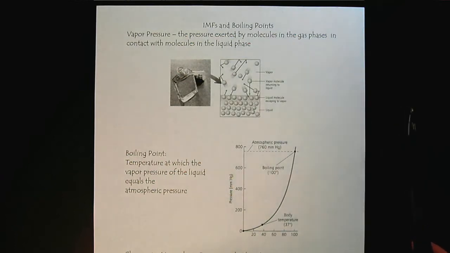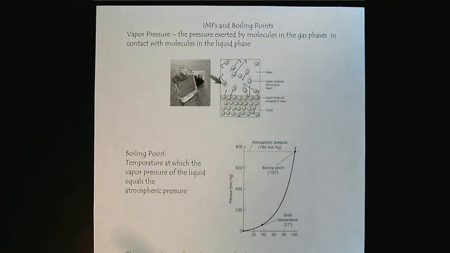Now, for a substance to boil, the temperature has to increase. So remember that when we're talking about phase changes, it's that dynamics between kinetic energy and potential energy. If you need a review on those concepts, please look at the energy tutorial.